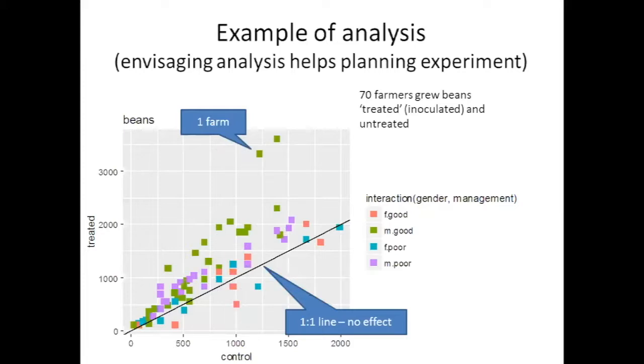You know, we really need to know why. Why is it that men are able to get more response to inoculation than women? That seems a rather strange thing. The fact that the inoculation seems to work if you weed well and it doesn't work if you don't weed well is something that's really important to the project.